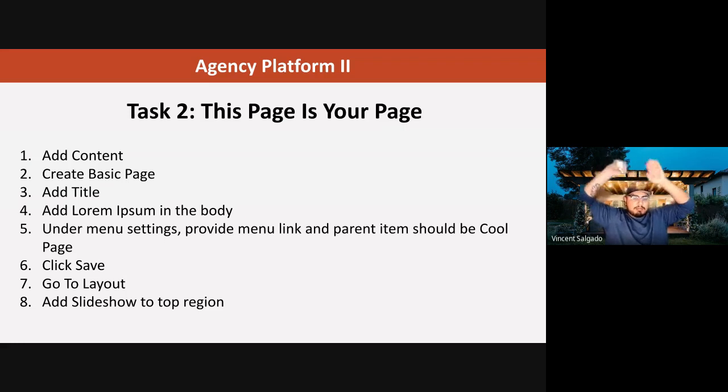But you'll add some lorem ipsum into the body, and under the main menu system, put it into the main menu, but put it under My Cool page. Then click Save. Then go to Layout, and let's add in a slideshow. That's going to be a little bit different from the banner, but it's added in the slideshow, so you can see what that looks like, and put it into that top region where we put that banner. Let me know if you have any questions. I will be right back.